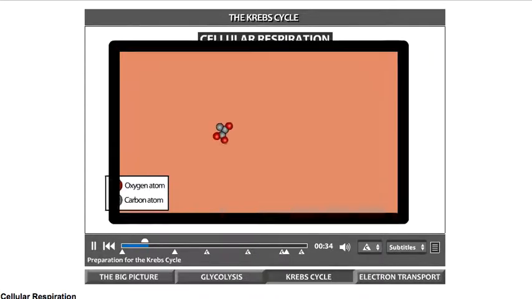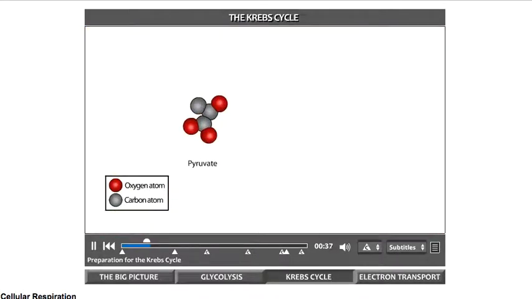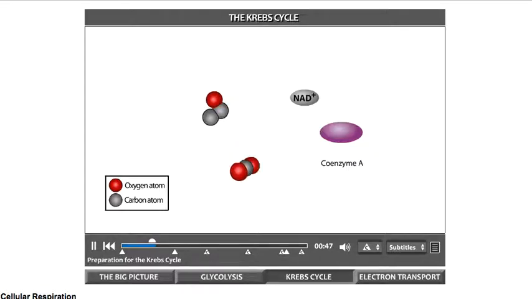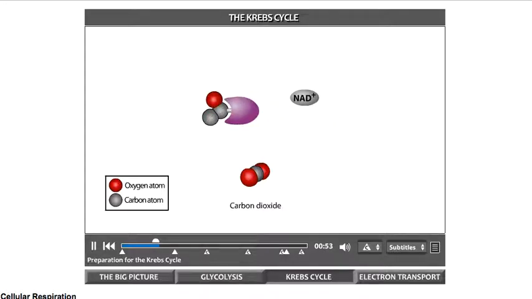To prepare for the Krebs cycle, pyruvate is modified in three quick steps involving NAD+, and another molecule called coenzyme A. In one of these modifications, carbon dioxide is released from pyruvate and eventually exhaled from the body. In the other modifications, the two-carbon molecule that remains is attached to coenzyme A, while a proton, also called a hydrogen ion, and high-energy electrons are donated to NAD+, yielding the high-energy electron carrier NADH.